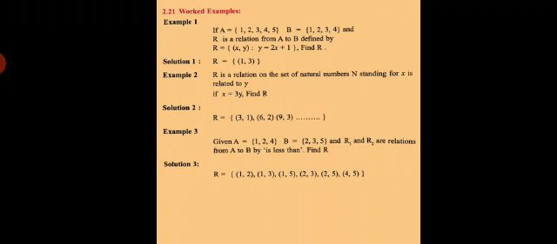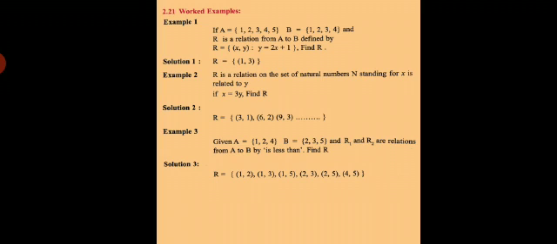If you take y value as 2, then you will get x value equal to 3 twos are 6. And if you take y value 3, then you get x value equal to 3 into 3 is 9, and so on. So you can write a relation like this. Hope you are understanding, students.